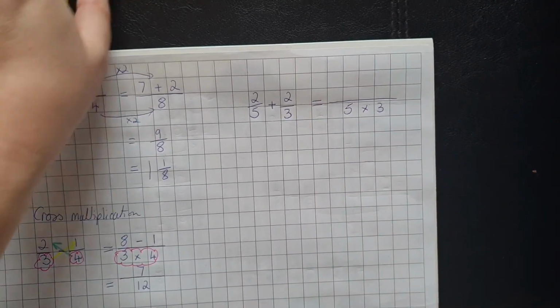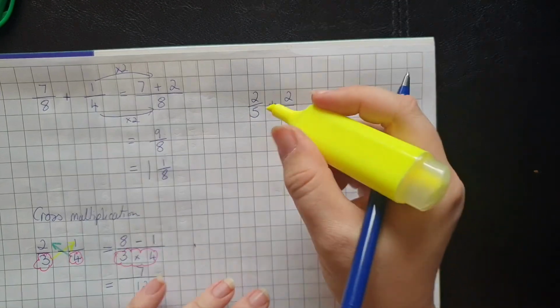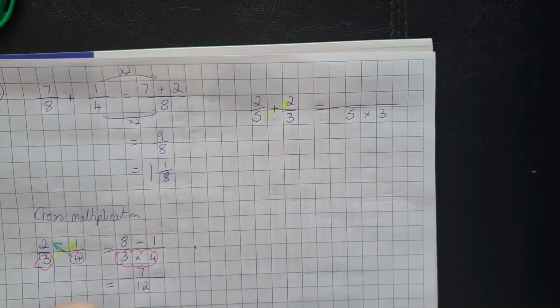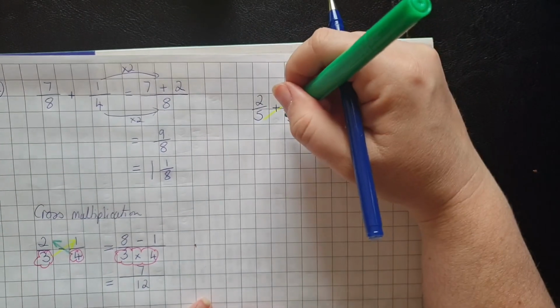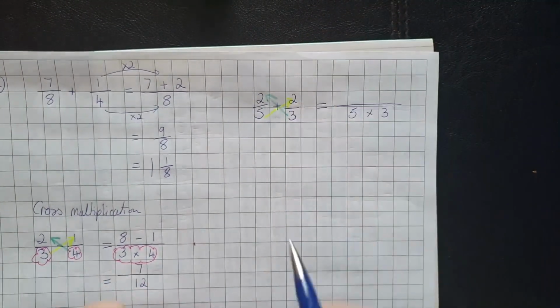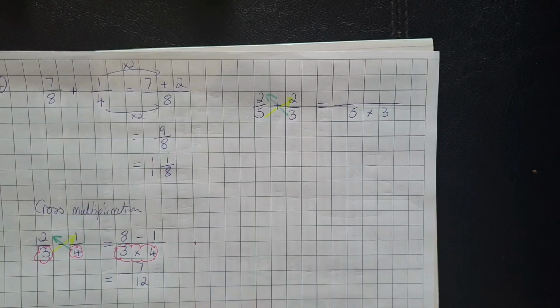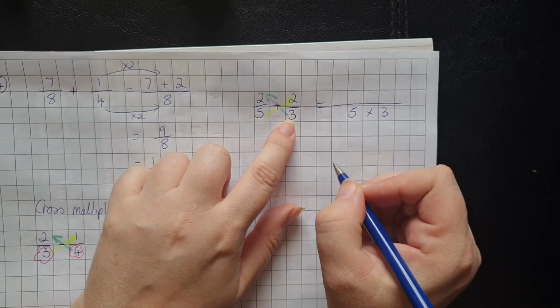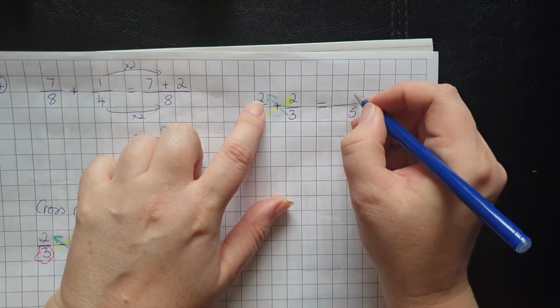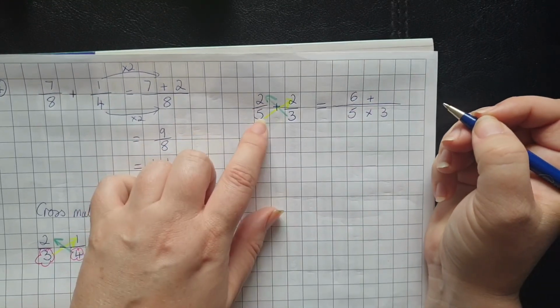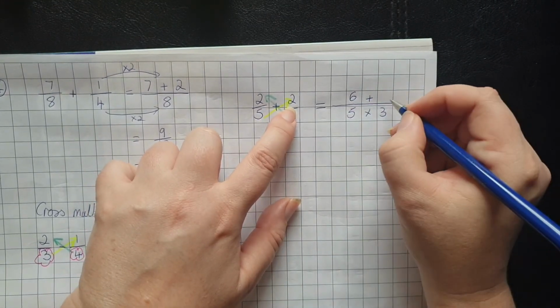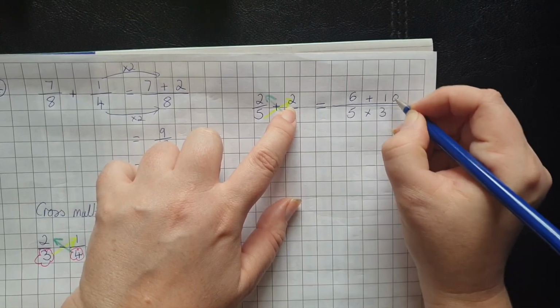We are then going to cross multiply. Three times 2 is 6. We are adding. 5 times 2 is 10.